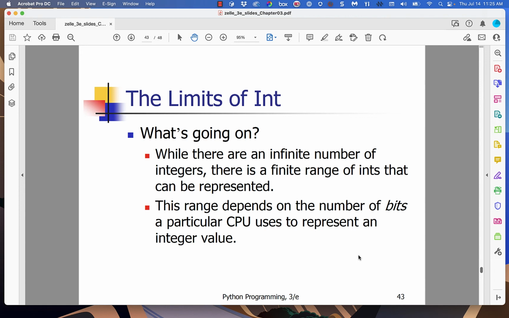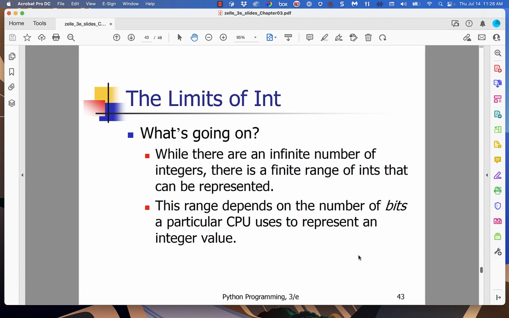So it turns out that the CPUs in the computers that we use don't actually have computing hardware that can add, subtract, multiply, or divide integers that are infinitely long.